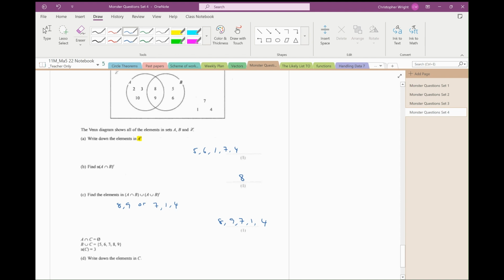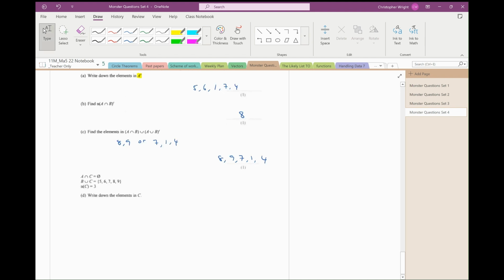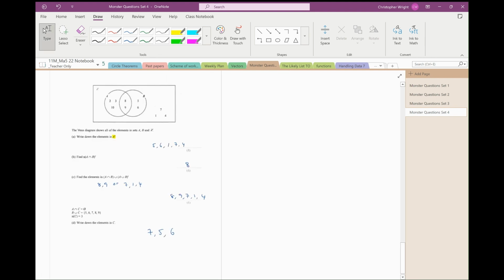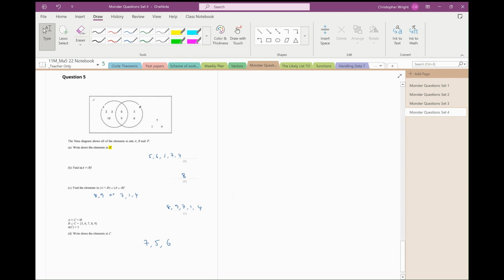So 7 must be in C, mustn't it? So 7 is definitely in C, but I've got to have 3 of them in C, but none of them are in common with A. So it's going to be 7, 5, and 6. So the elements in C are 7, 5, and 6. And there is my solution to question 5.